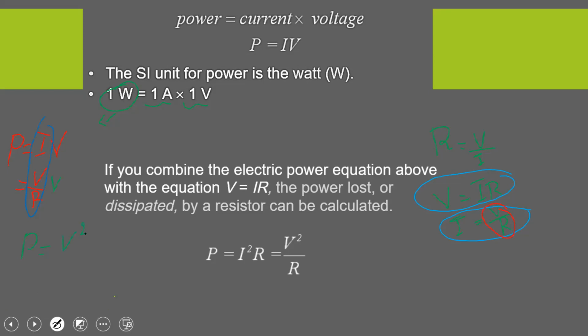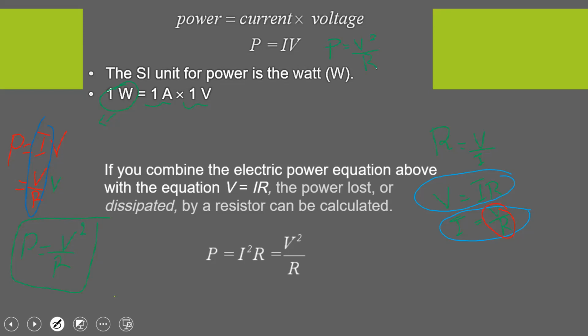We can say that it is V squared over R. So now we have another formula for the power. If you have the resistance and the voltage, and you want to find the power, you will say that it is V squared over R. So the other formula here is P is V squared over R.